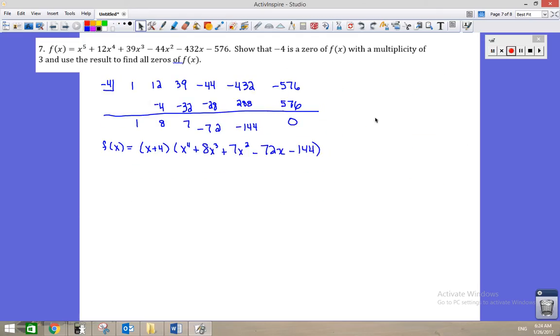And I know that I can use this negative 4 again because it has a multiplicity of 3. So again, I know that now this time x plus 4 is a factor of this. So we can divide.